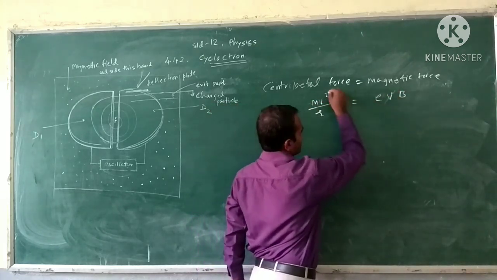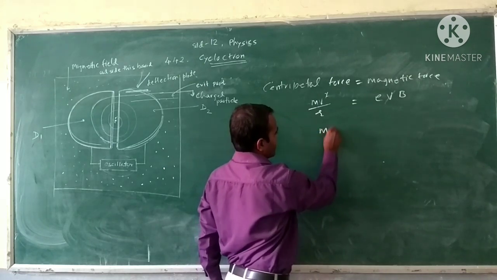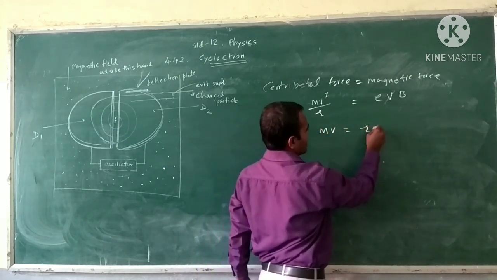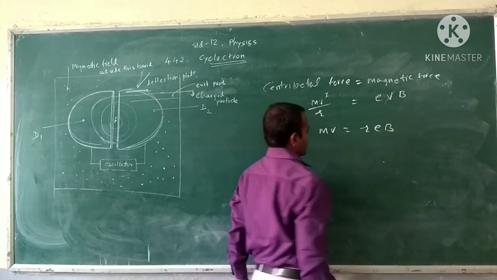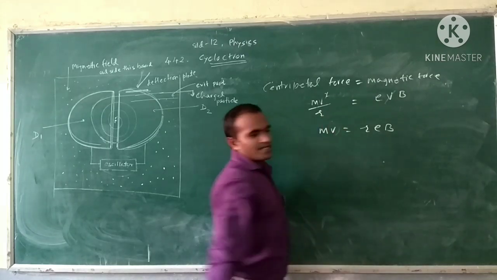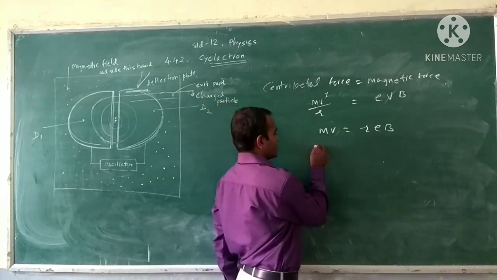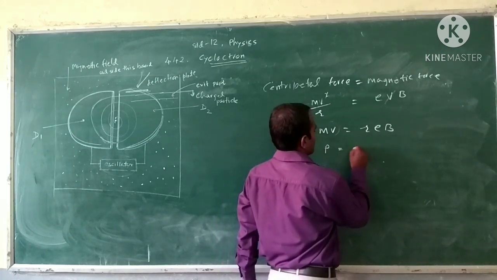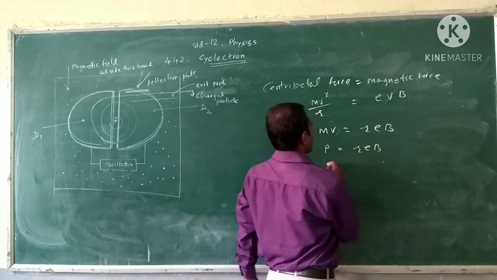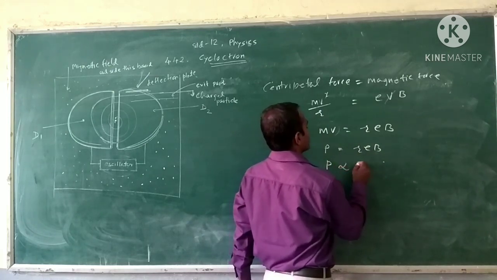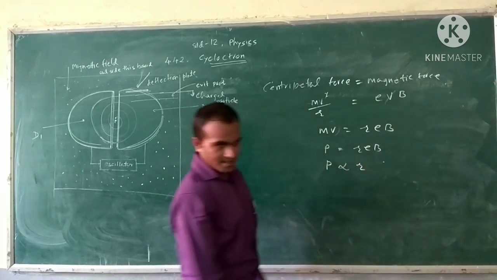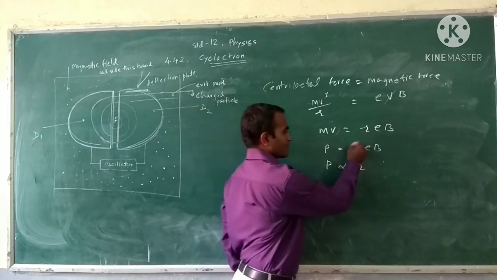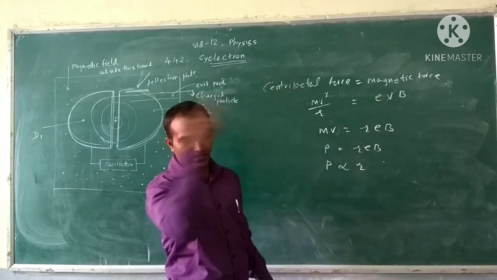Here one velocity will cancel, so what remains is m v equals r e B. m v is nothing but the linear momentum p, so p equals r e B. P is proportional to the radius, where r is the radius of the circular path.